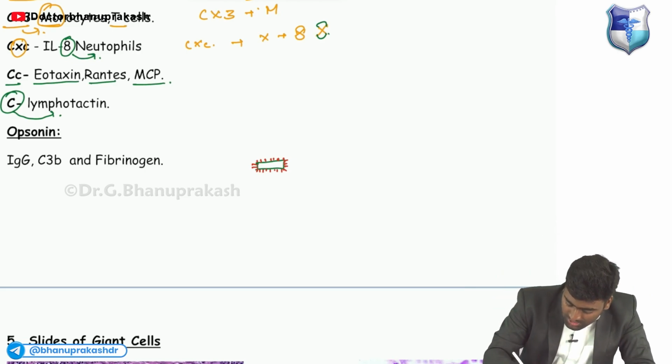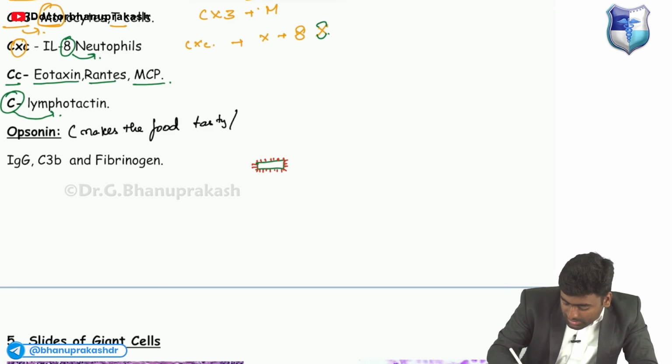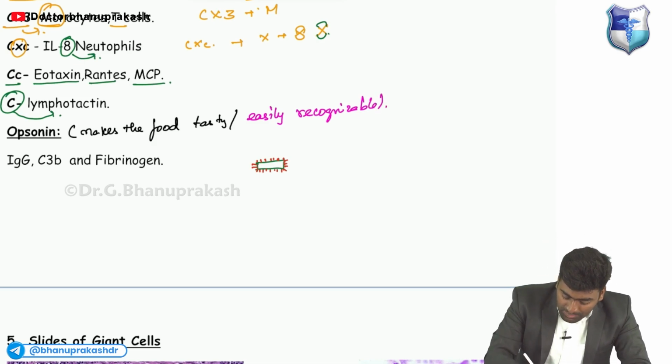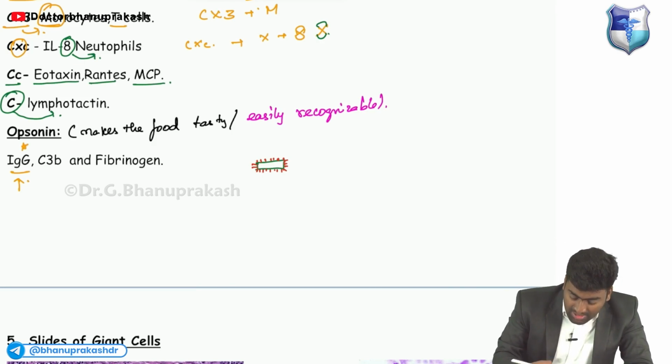So what will these opsonins do? They will make the food tasty, or make the microorganisms easily recognizable for these macrophages. The most important one, if you ask me, is IgG.